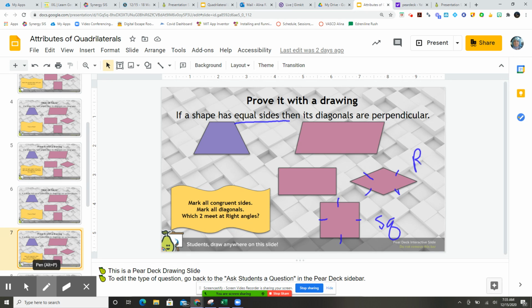So we got a square and a rhombus. Then the diagonals are perpendicular. So then we can go in with our drawing tool and draw in our diagonals. And that is 100% true. If the sides are equal, then the diagonals form right angles, because perpendicular means right angles.